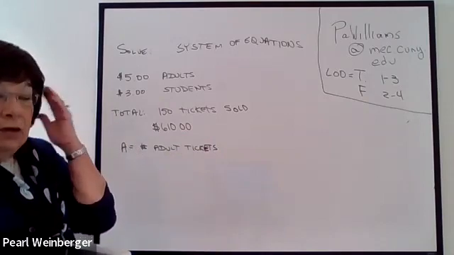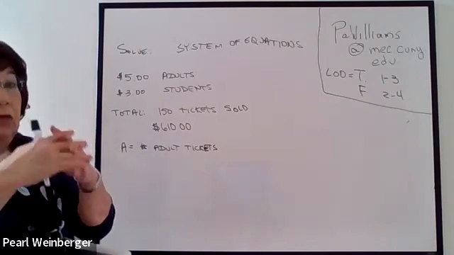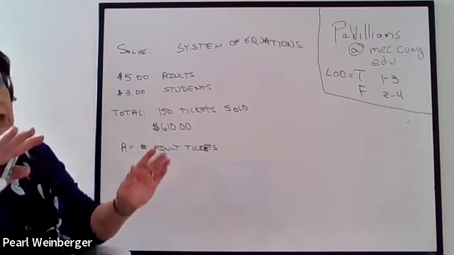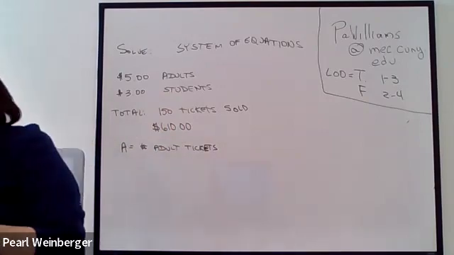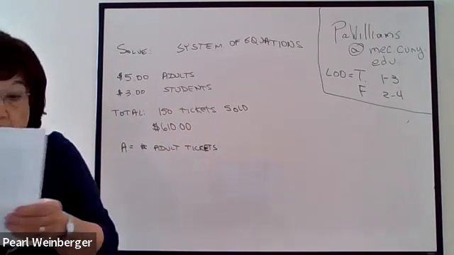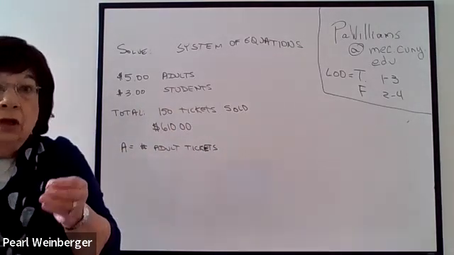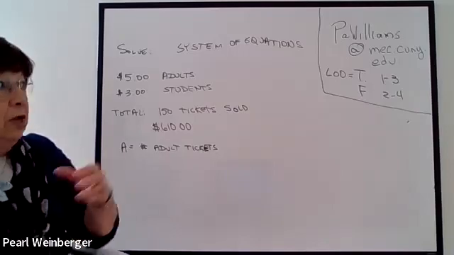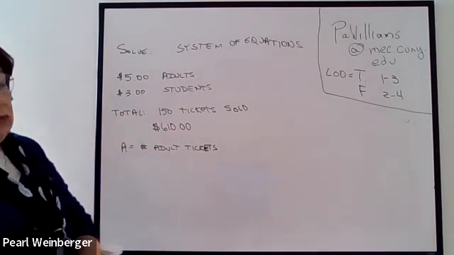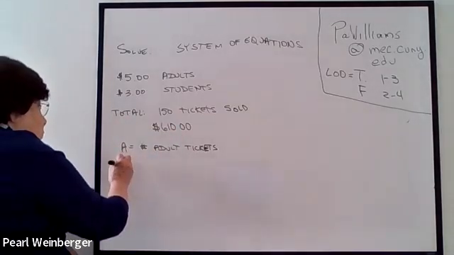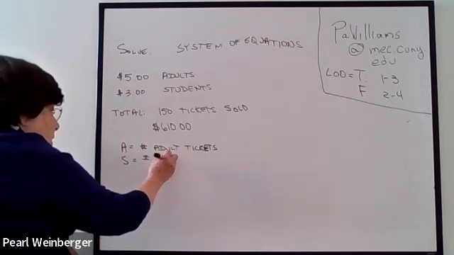In your head, you should be clear that the A is standing for the number of adult tickets, and you'll always know what it will stand for because you look at the question. How many adult tickets and student tickets were sold? So how many means the number. That's what you're looking for, that's what your variable should represent. S will then equal the number of student tickets.